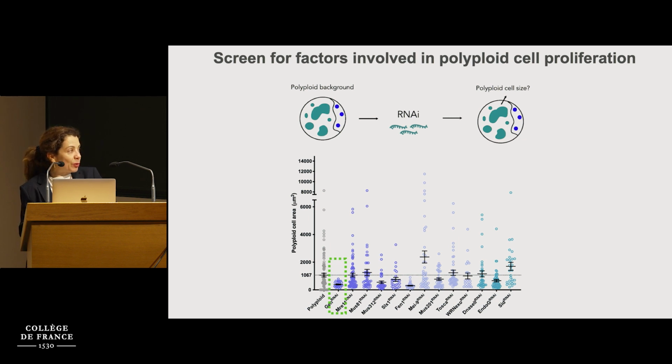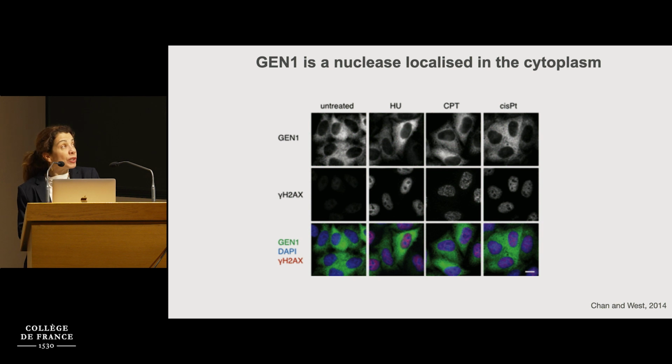So Manon decided to focus on Gen1, or Gen in flies, but Gen1 in human cells, because it's kind of this strange nuclease that is localized in the cytoplasm. It's mainly been studied by the lab of Steve West at the Curie Institute, and he has shown that Gen1 is actually maintained in the cytoplasm through a retention sequence.